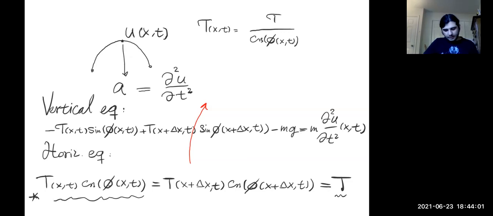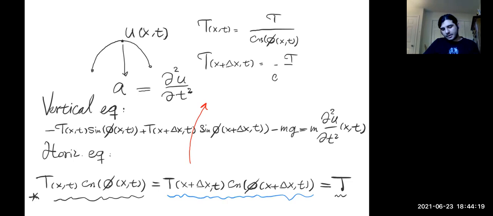I can look at this other equation, T at (x+Δx,t) times cosine of phi at (x+Δx,t) is equal to the constant T. Therefore, again, T of (x+Δx,t) is equal to the constant T over cosine of phi at (x+Δx,t).